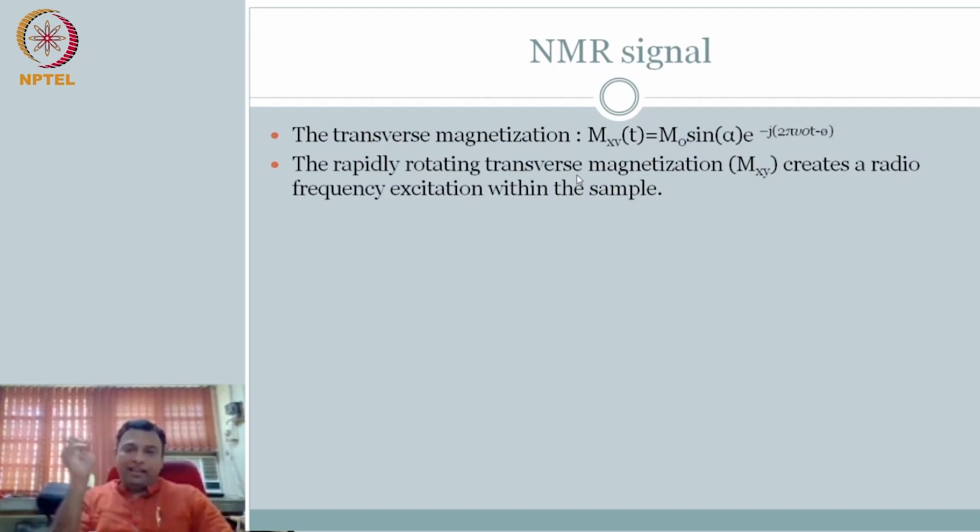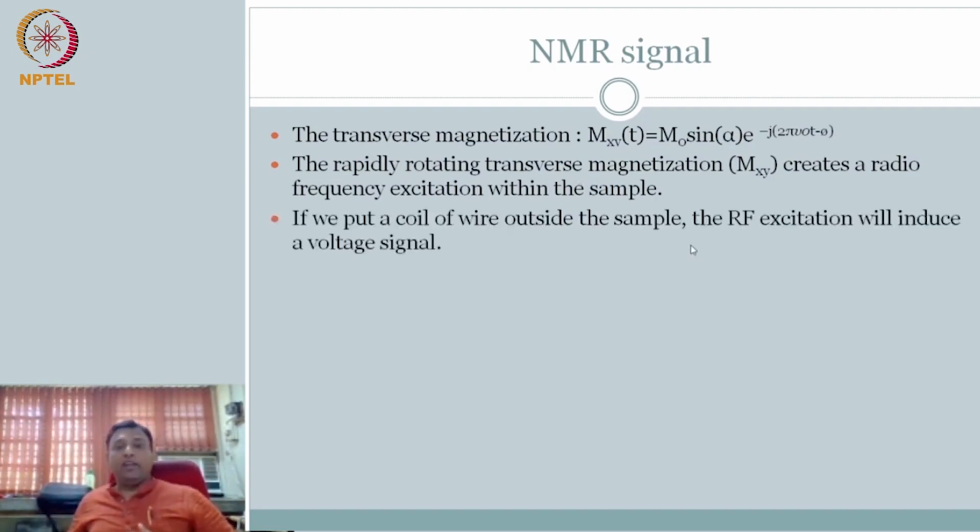So when you have a magnetization vector that is rotating rapidly, then the sample is experiencing an RF excitation. So what will happen is, if you put a coil of wire outside the sample, this RF excitation will induce a voltage.